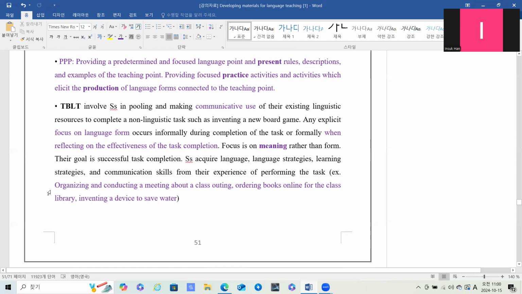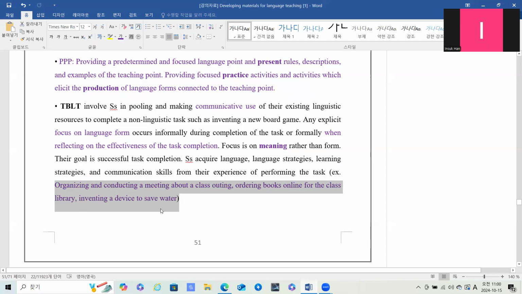The task examples are like organizing and conducting a meeting about a class outing, ordering books online for the class library, or inventing a device to save water. So these kinds of pedagogic tasks which can be realized in the classroom resemble real-life tasks.